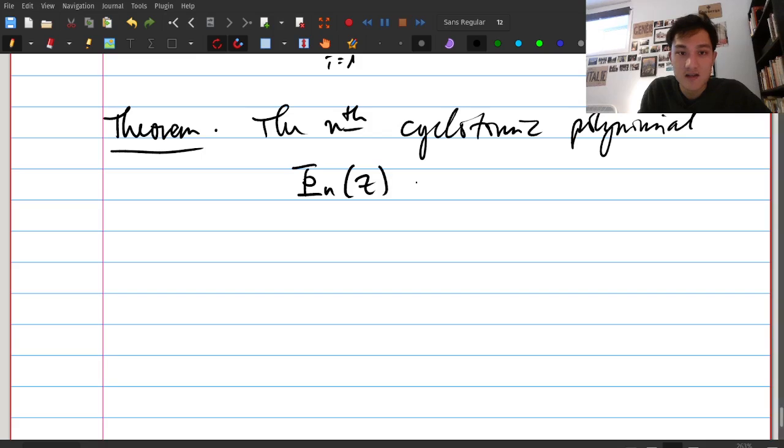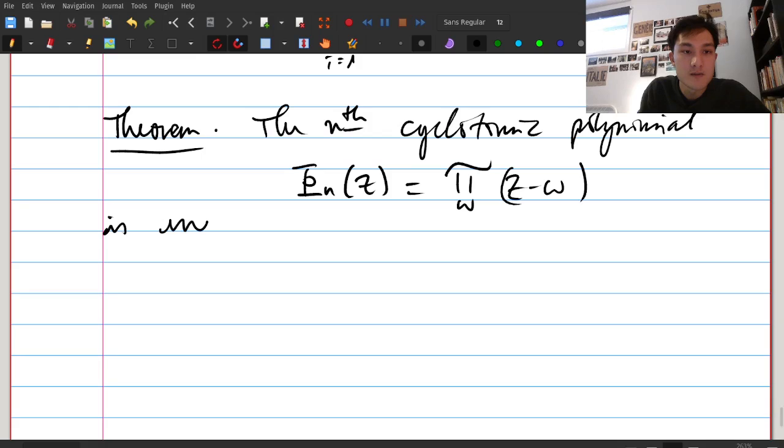It's phi n of z, and it's a product over all omega, primitive roots of unity, z minus omega. Okay, not all the roots of unity, but the primitive nth roots of unity. The nth cyclotomic polynomial is irreducible over Z. Okay, so proof.